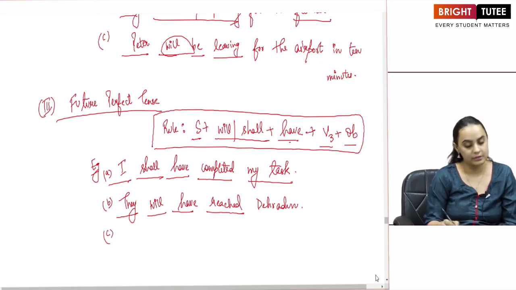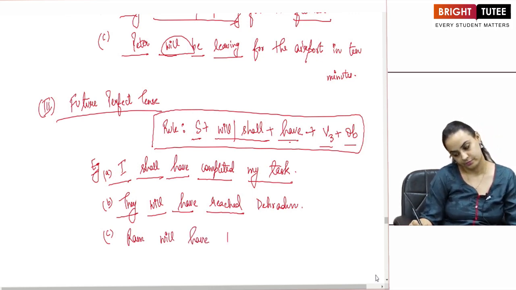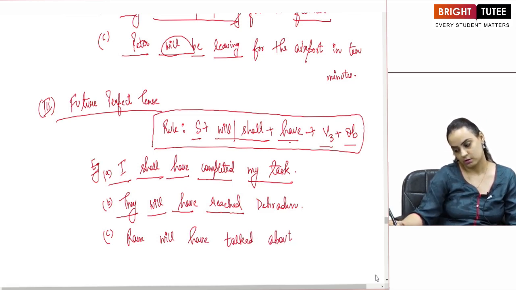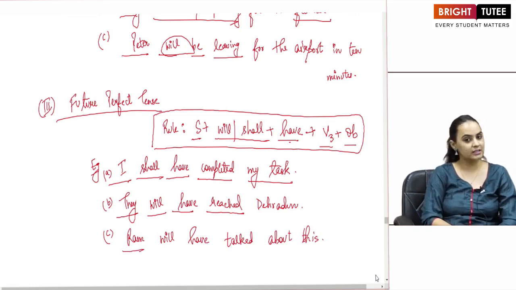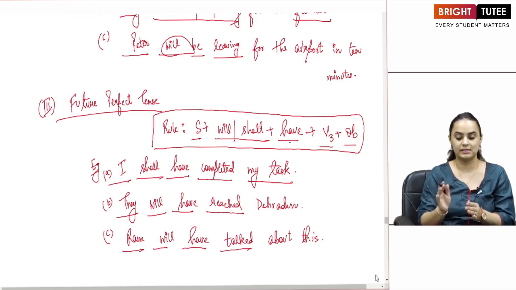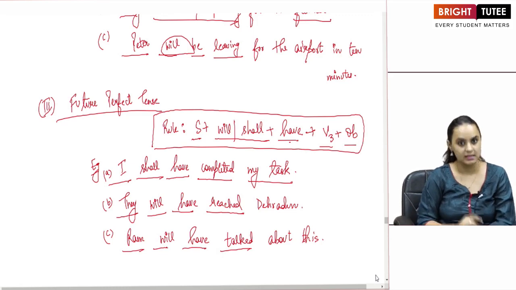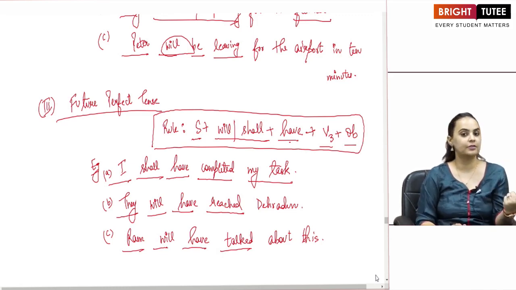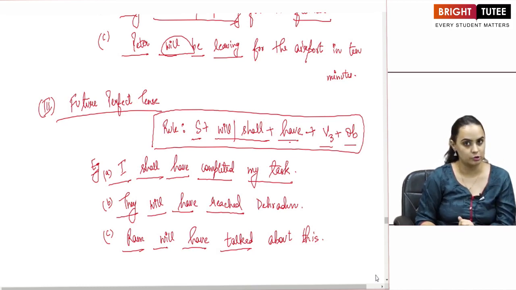Another example: Ram will have talked about this. So my subject is Ram, will, have and third form of the verb. So this is the basic structure of the future perfect tense. We use subject plus either will or shall plus have, third form of the verb and the object.